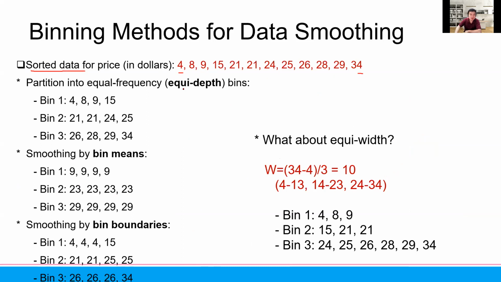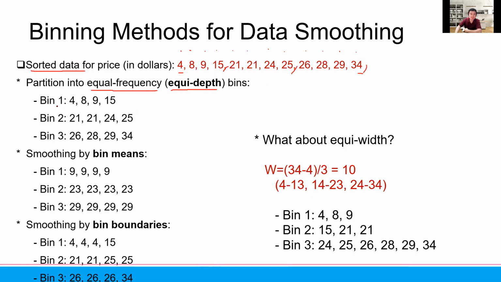It means it is already ordered from the smallest to the largest. If I want to use equal frequency, or equi-depth, what does it mean? I know that there are 1, 2, 3, 4, 5, 6, 7, 8, 9, 10, 11, 12, so 12 data points, and I want to make 3 bins. Then I can just divide the frequency into 4, 4, and 4.